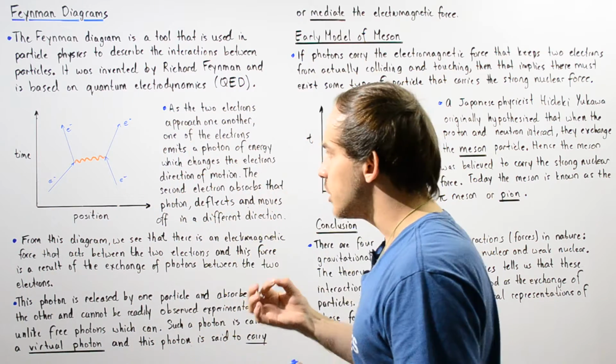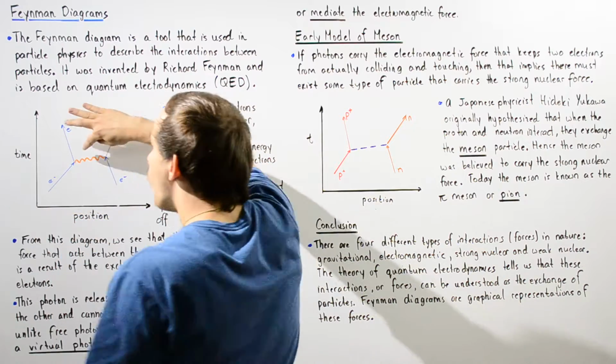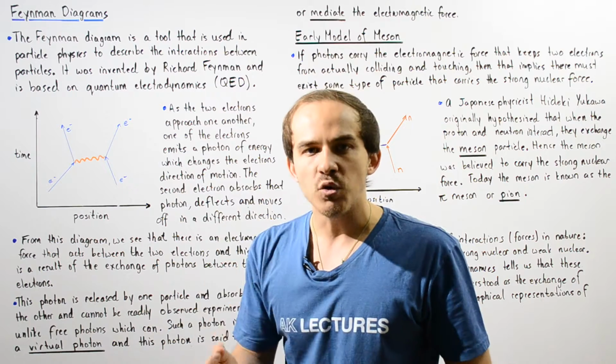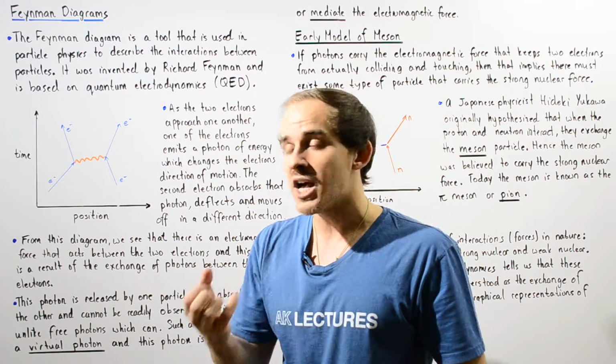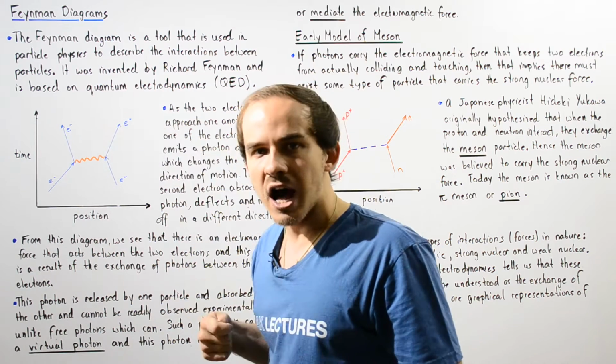Now eventually what will happen is we get to a point where one of our electrons releases a photon of light, a photon of energy that is depicted by this wiggly line.